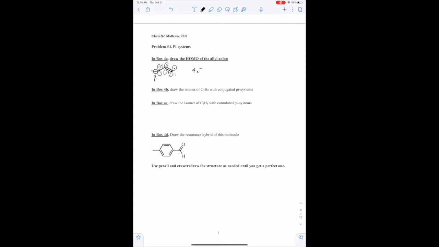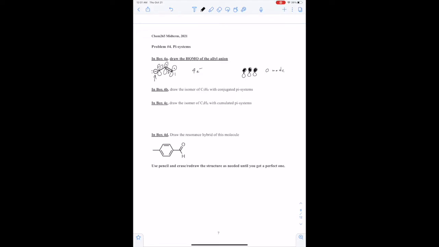Okay, so that gives us 4 electrons in total with 3 pi orbitals. Now we want to draw the molecular orbitals for each one. So since we have 3, let's start by drawing 3 orbitals, and you can just shape them in. And then as you can see, there's 0 nodes in the lowest energy.